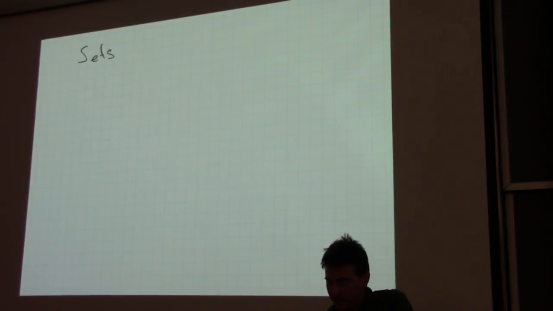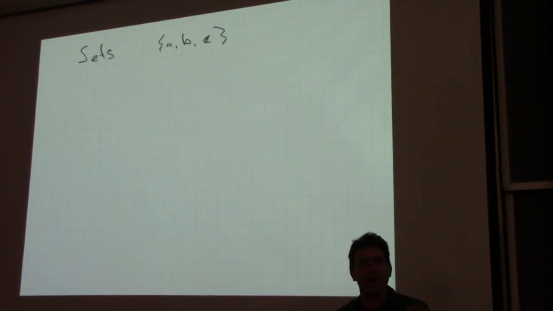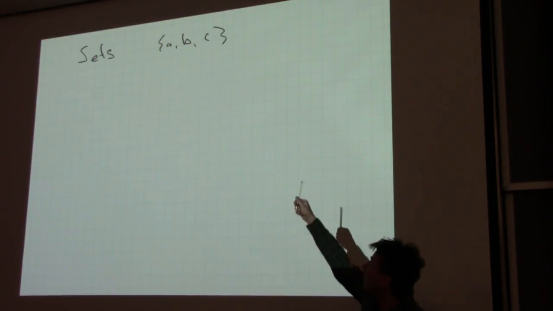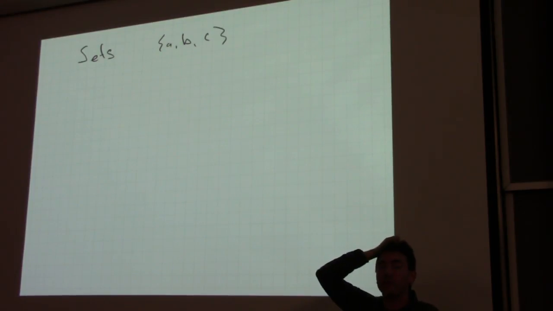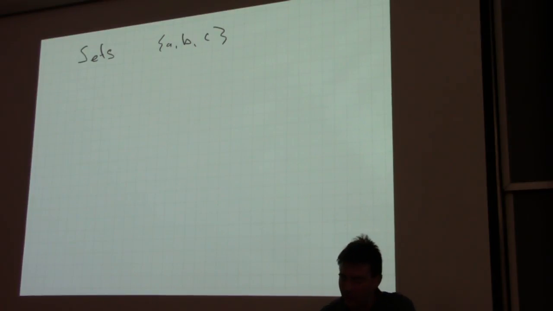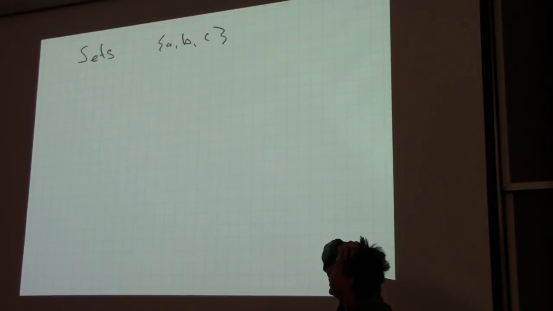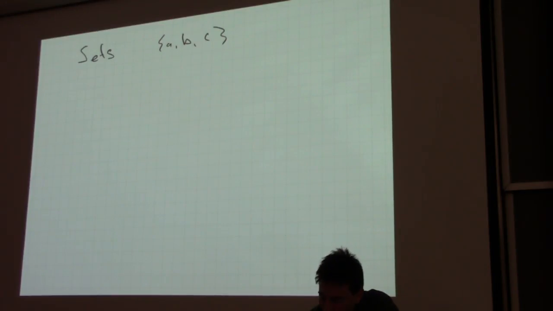A set is a collection of objects. We're going to use fairly abstract notation here. I'll just use letters or numbers as elements of the set, and I'll use curly brackets to describe that it's a set of objects. So this is equivalent to {A, B, C}.